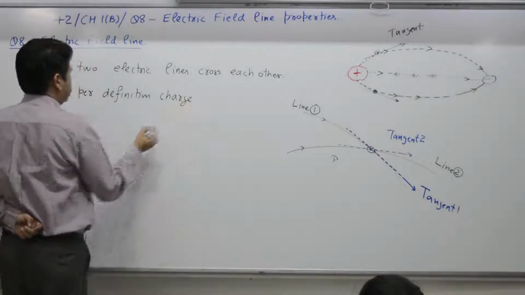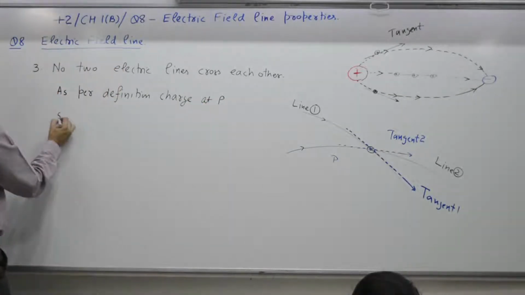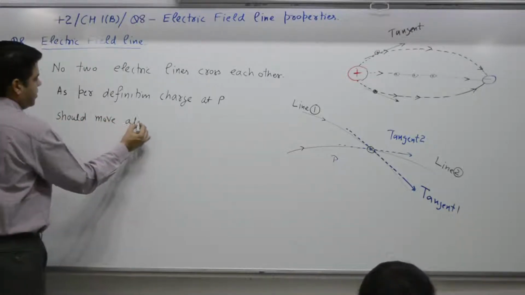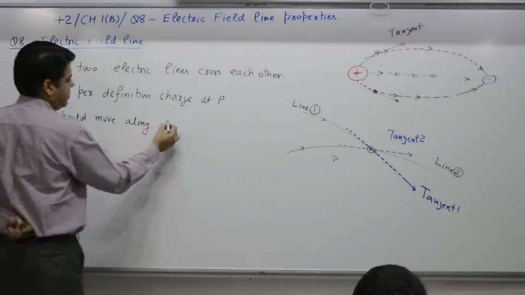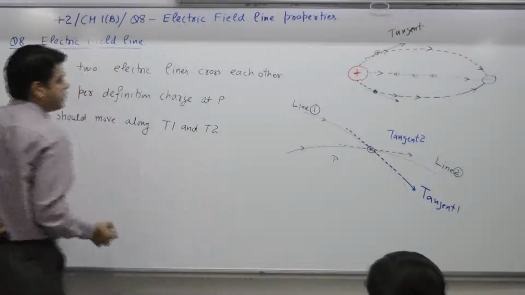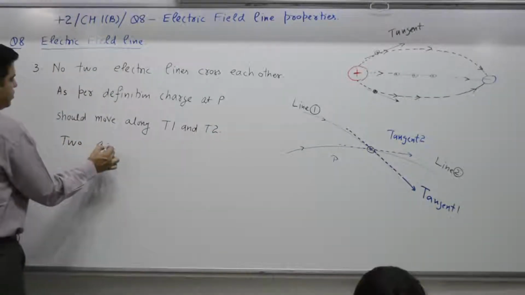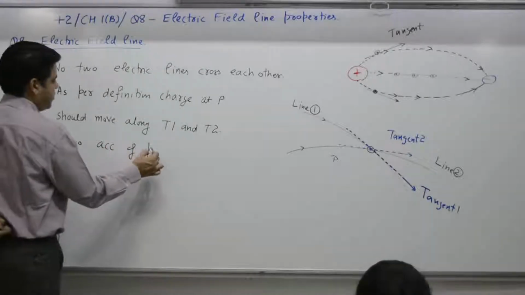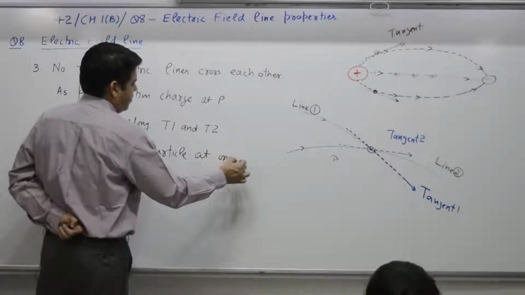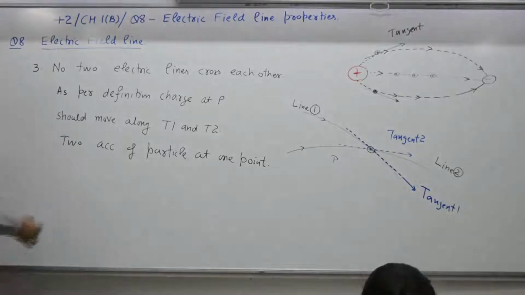As per definition, the charge at P should move along tangent 1 and tangent 2. It will mean two accelerations of the particle at one point simultaneously.